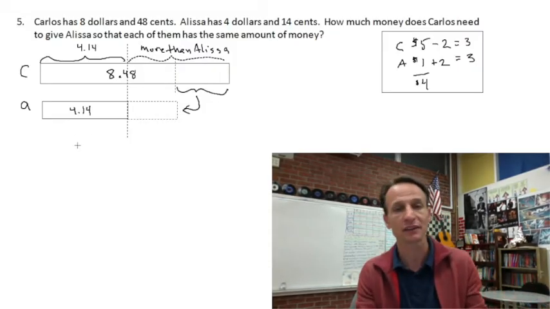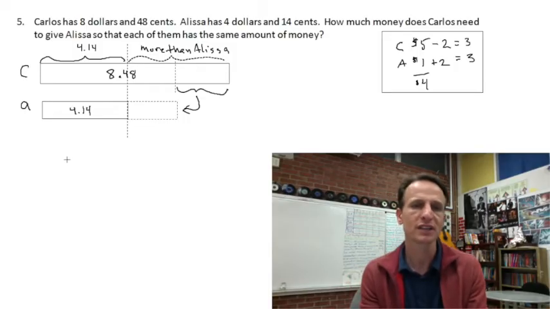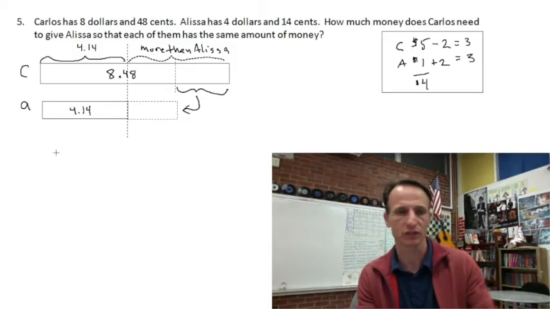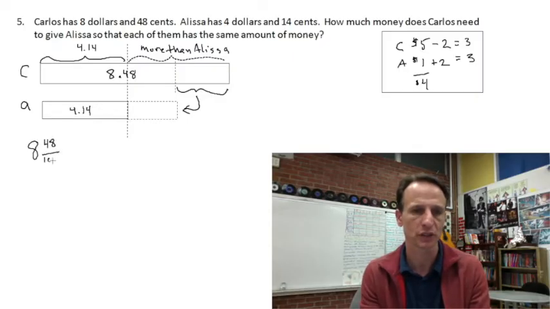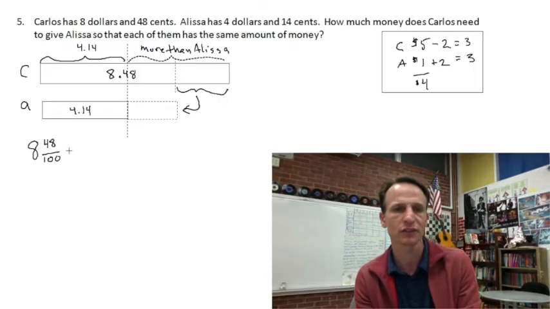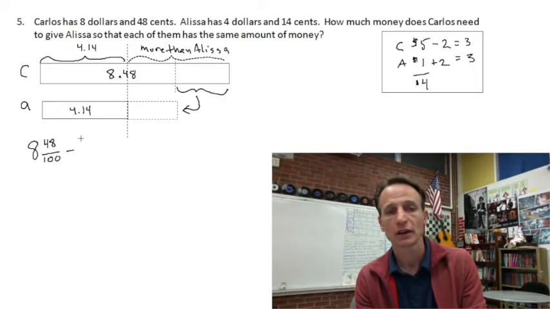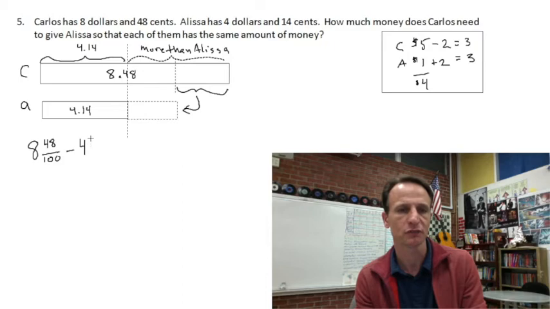The reason I took a lot of time with the explanation is because now the math is pretty straightforward, right? So if we take Carlos, and we'll do this out as mixed numbers, that's the Eureka way, so we're seeing what we're doing. We take Carlos as 8 and 48 hundredths, and subtract what he has in common with Alyssa, the 4 and 14 hundredths.